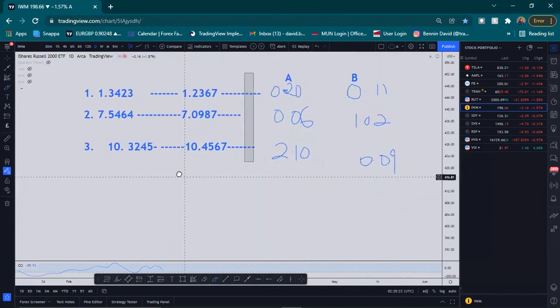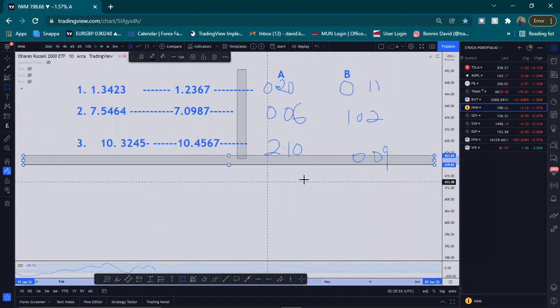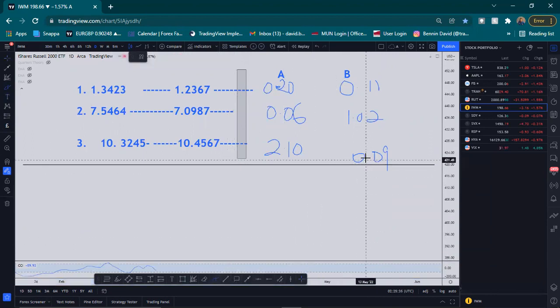So to help you understand what I want you to do, I'm calculating the first one for you. This is the one I'm doing, number 1.